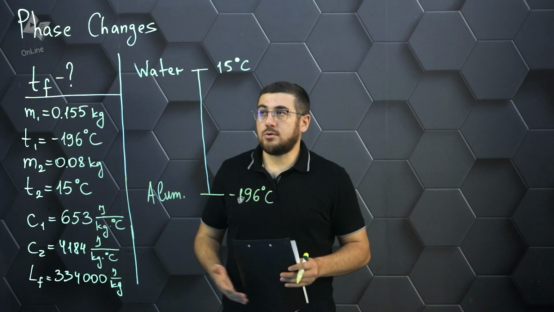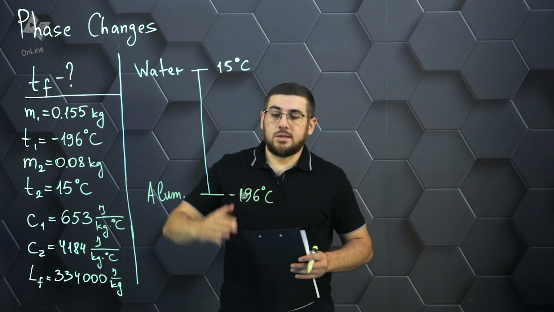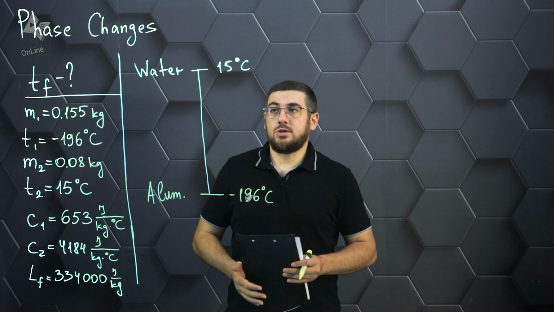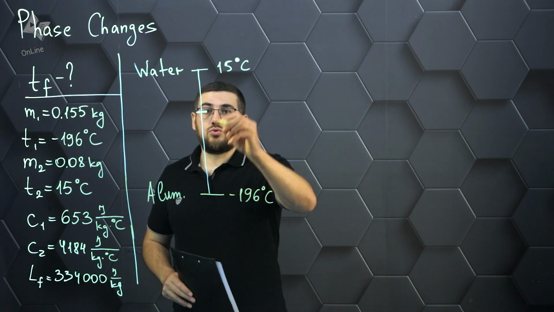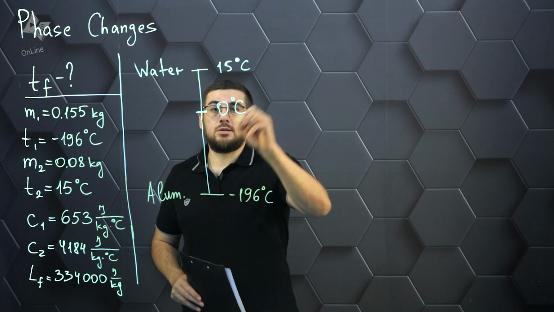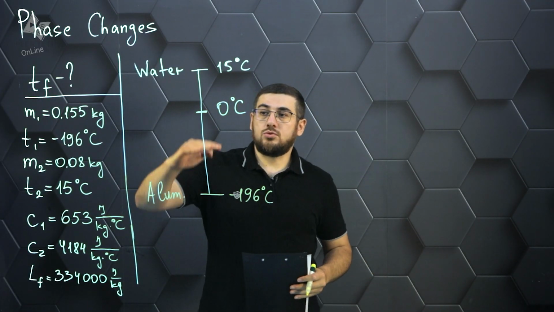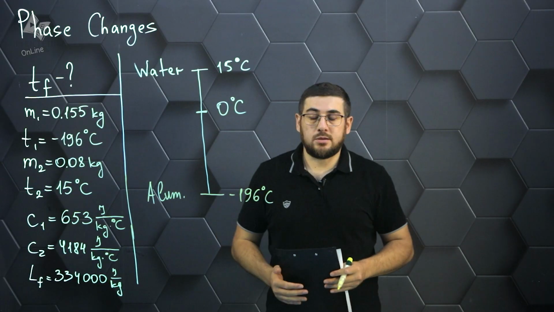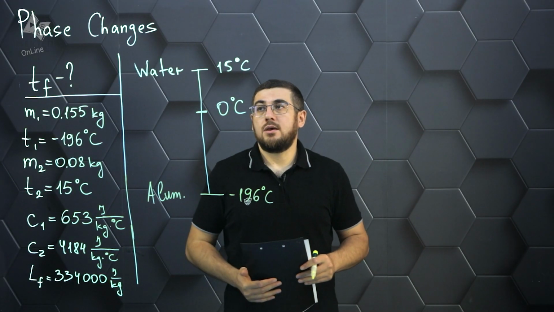Naturally, first and foremost, we should focus on the water, because we realize that when it comes into contact with such a cold object, it is quite possible that it will freeze, and so we need to consider the point corresponding to its melting temperature, which is 0 degrees Celsius. And the cylinder, of course, will also most likely tend towards this temperature, but whether it will actually reach it or not is something we need to determine.